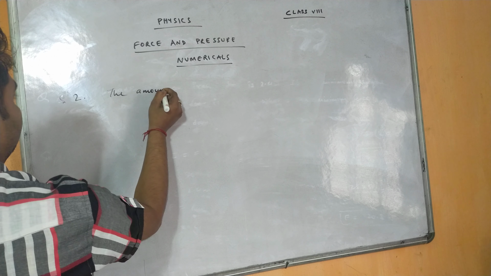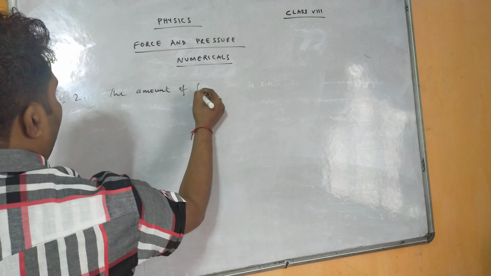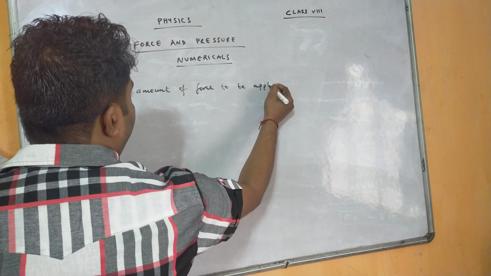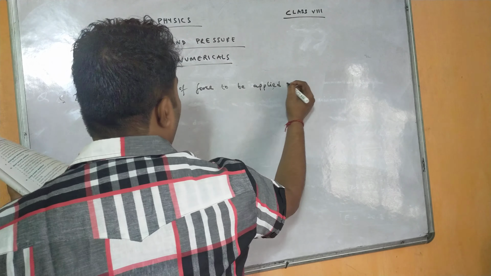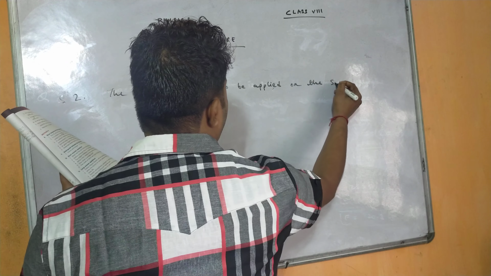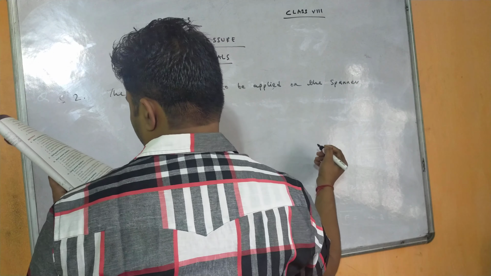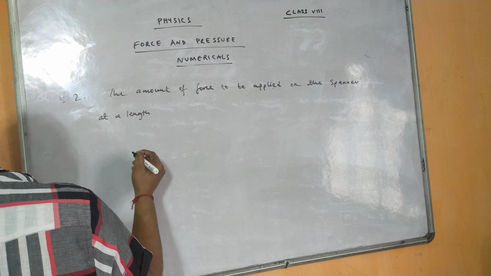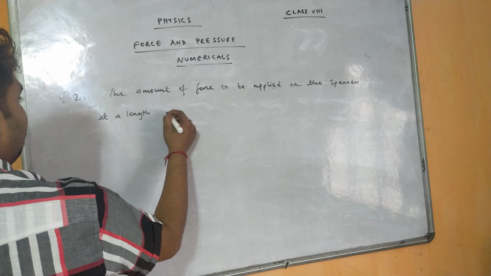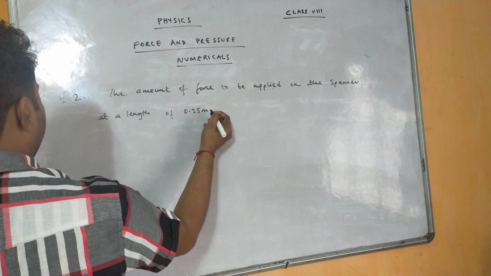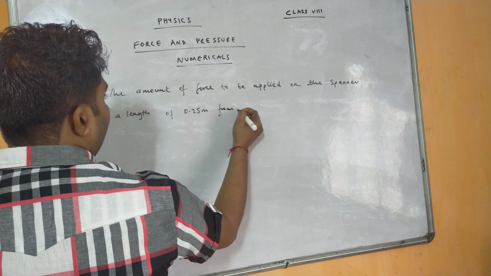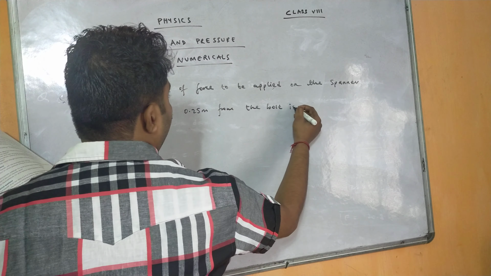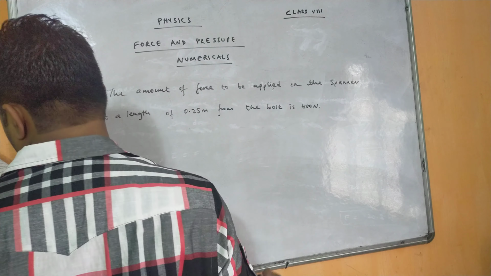The amount of force to be applied on the spanner at a length of 0.25 meter from the bolt is 400 Newton.